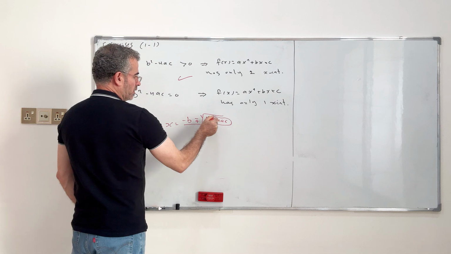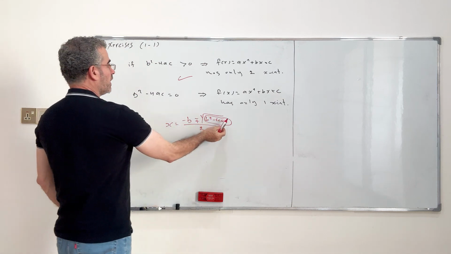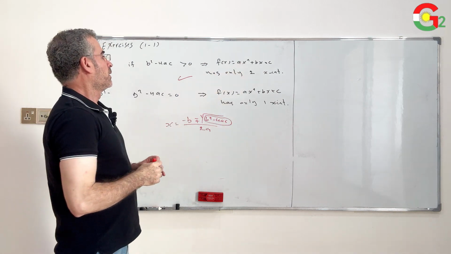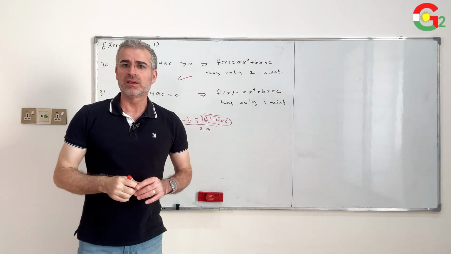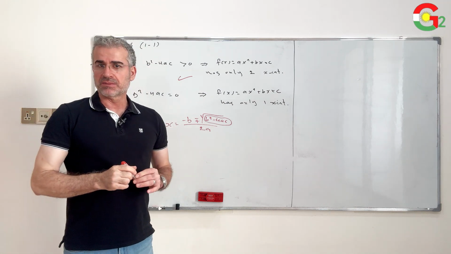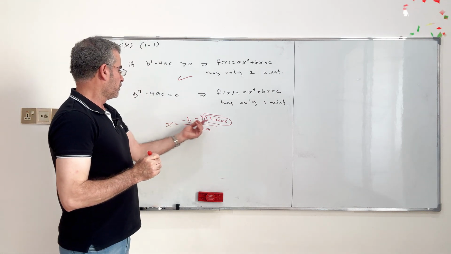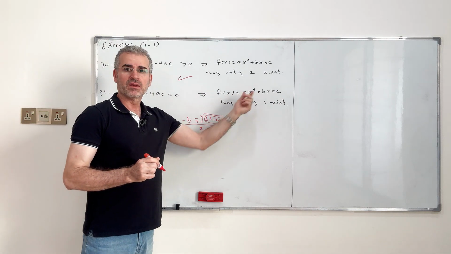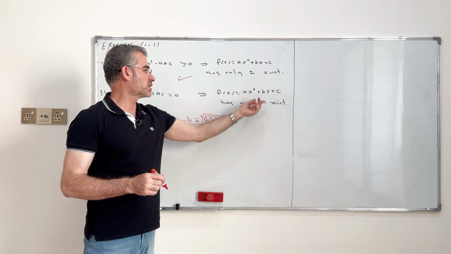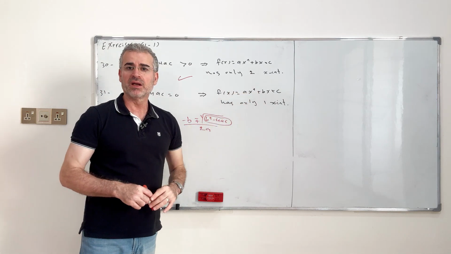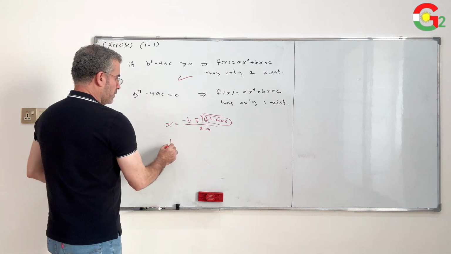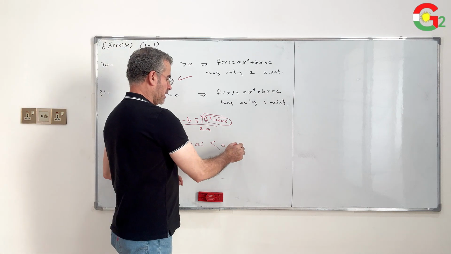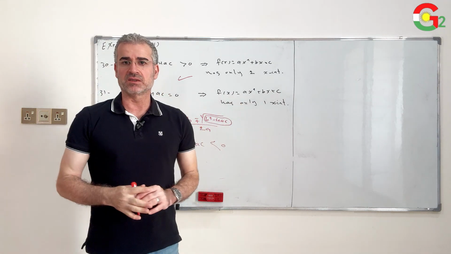When b squared minus 4ac is greater than 0, then this quadratic function has two real x-intercepts. When b squared minus 4ac equals 0, then the quadratic function ax squared plus bx plus c has only one x-intercept. When b squared minus 4ac is less than 0, then the function has no x-intercepts.